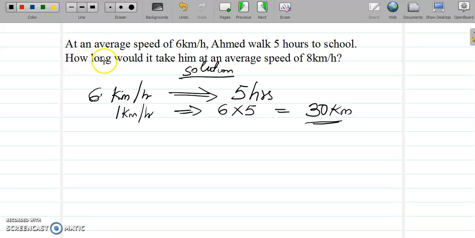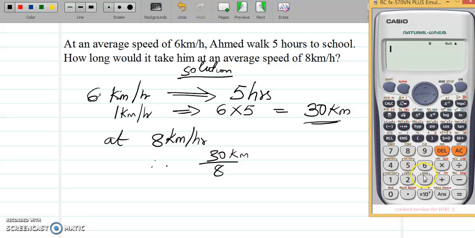Now the question says, how long would it take him at an average speed of 8 kilometers per hour? So at an average speed of 8 kilometers per hour, how long will it take Ahmed to walk? In that case, we have 30 kilometers divided by 8.